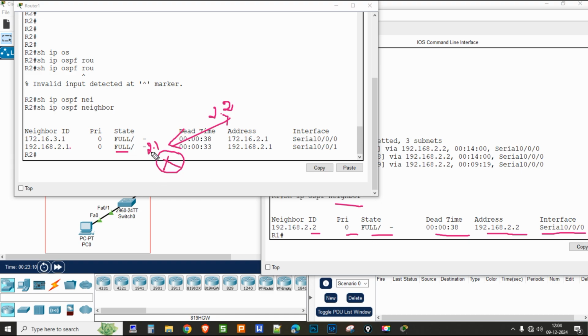Then state is full. Then dead time has some limits. Then the IP address is 192.160.2.1. It is getting the routing information from this interface. Likewise, the neighbor router 172.16.3.1, priority value is 0. The state is full. It has the timer. It has the IP address 172.16.2.1. It is getting the routing information from this interface.